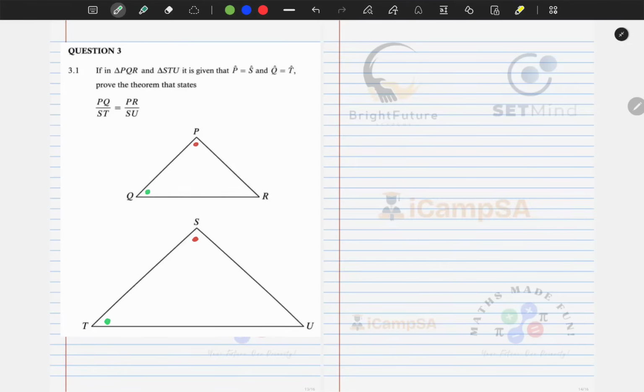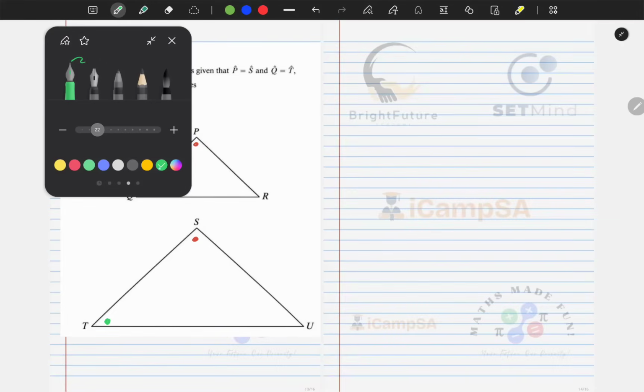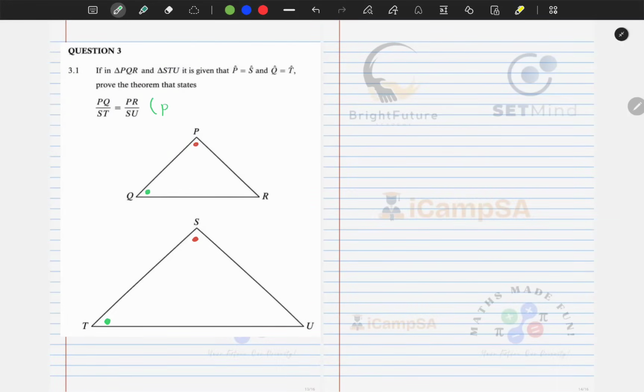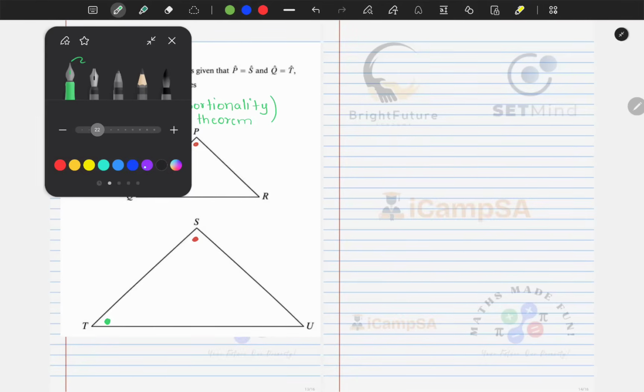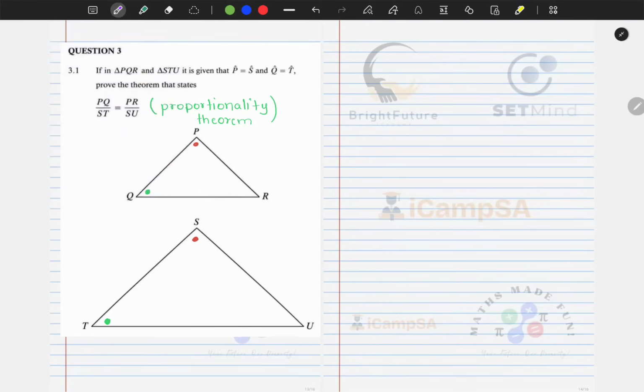Okay? And then we are required to prove the theorem that states that PQ divided by ST is the same as PR divided by SU. So essentially, this would be reasoned as our proportionality theorem. What we know about triangles is that once in the two triangles two angles are equal, the third angle becomes equal.